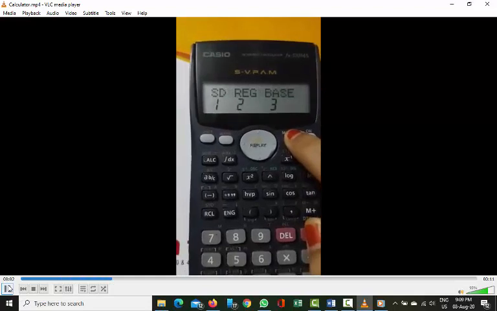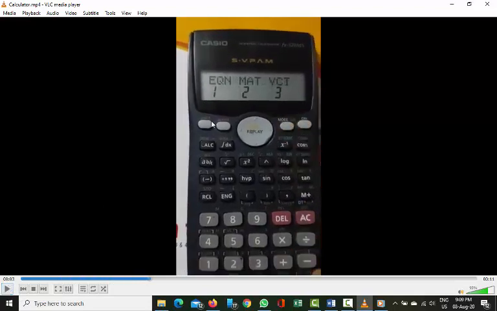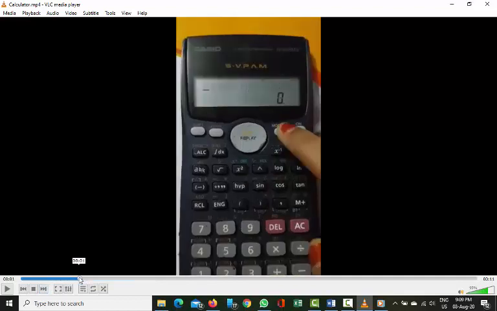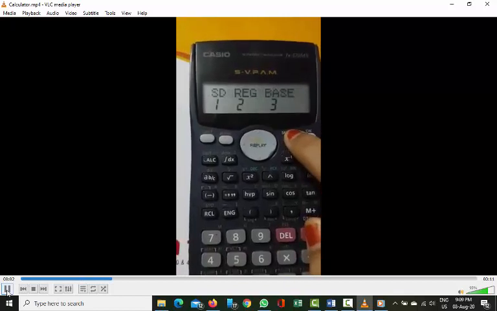Press mode again and again to get EQN. EQN means equation mode. To get equation mode, you have to press the number below it. That means you should press 1 now. If you press 1, you will enter into the equation mode.